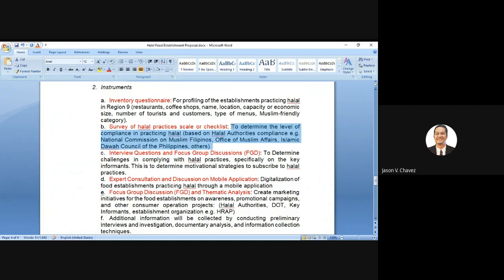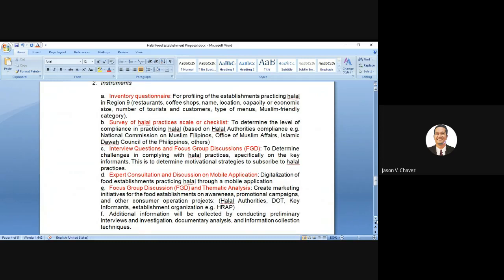It will be answering the questions or the objectives on so on. Also, if you have one instrument which will answer three of the objectives or three of the statements of the problem, then it's okay. What is very good in this format is you enumerated your instruments based on the objectives. And I think it's very, very clear.